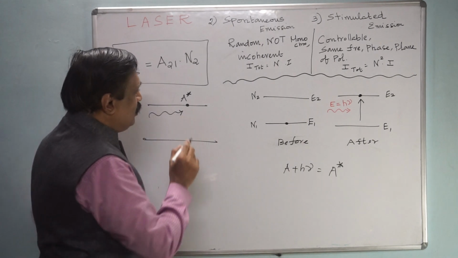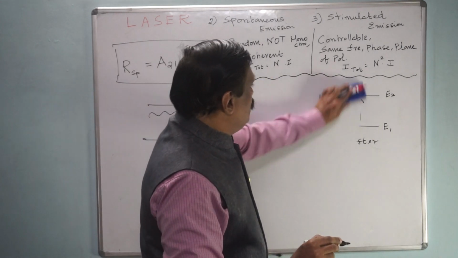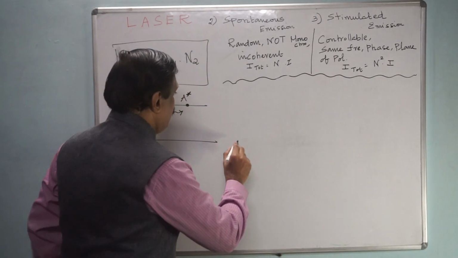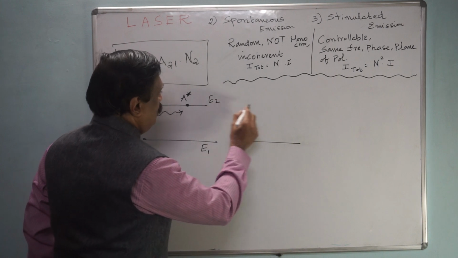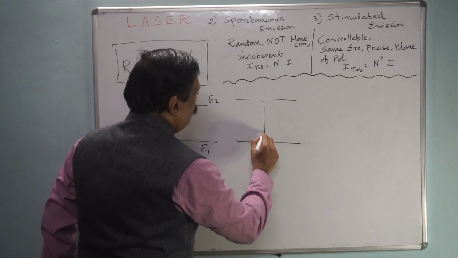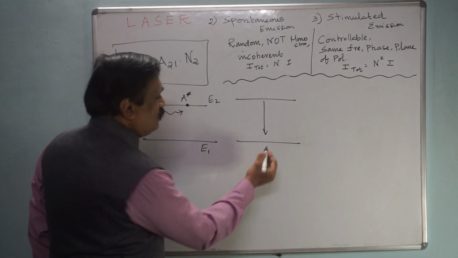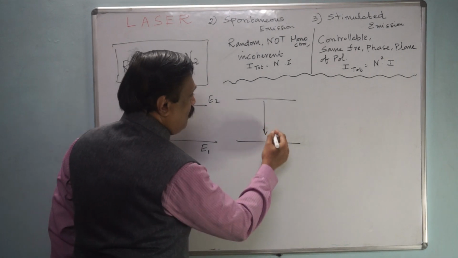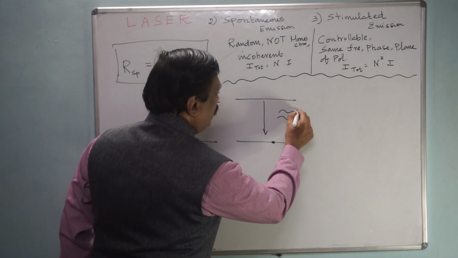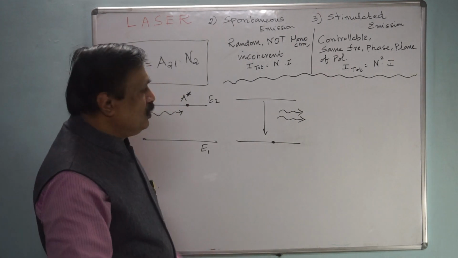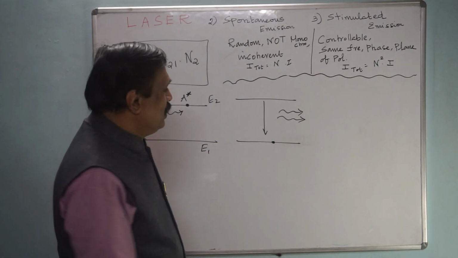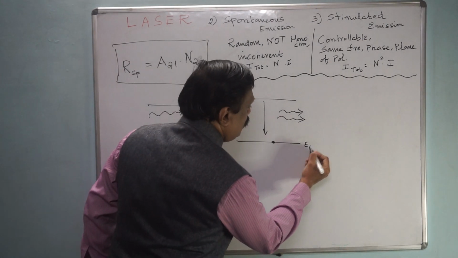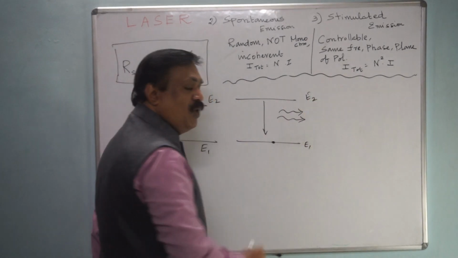Now this atom jumps from E2 to the ground state E1. Now the atom comes here. While coming, it radiates or emits 2 h nu. Okay, that means 2 photons it emits. The energy level is E2 minus E1.